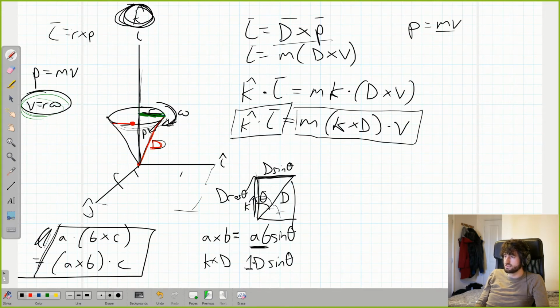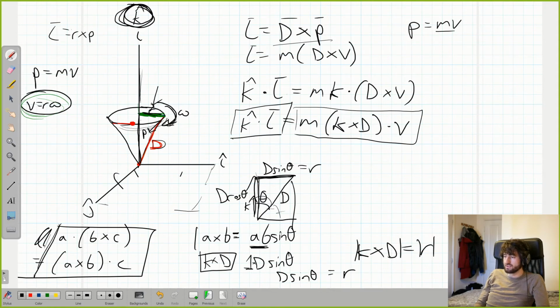So this line is D sine theta, which you can see on this diagram is the same as R. So K cross D is R. But that is only the magnitude of it.